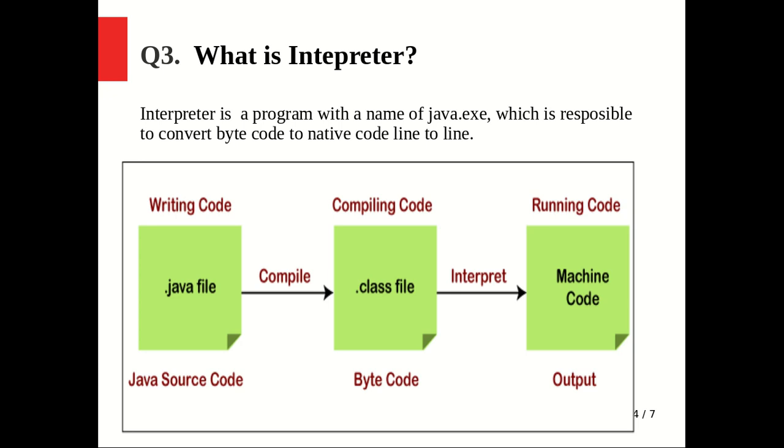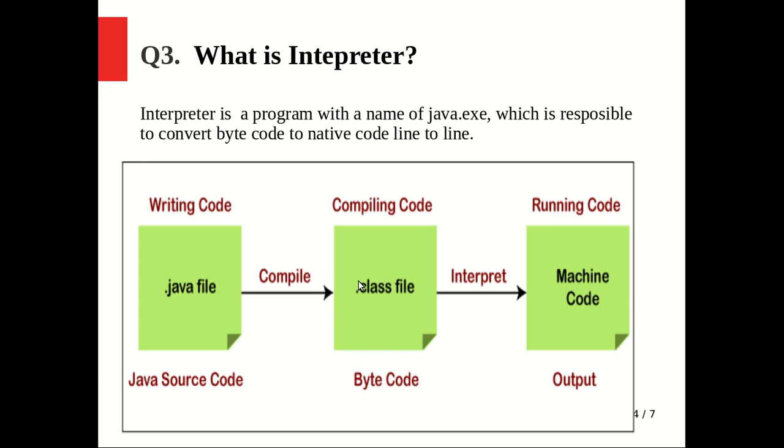So basically, in the diagram you can see there is a .java file which is written by a developer, so it is called Java source code. The compiler compiles this source code, and it gets converted to byte code.